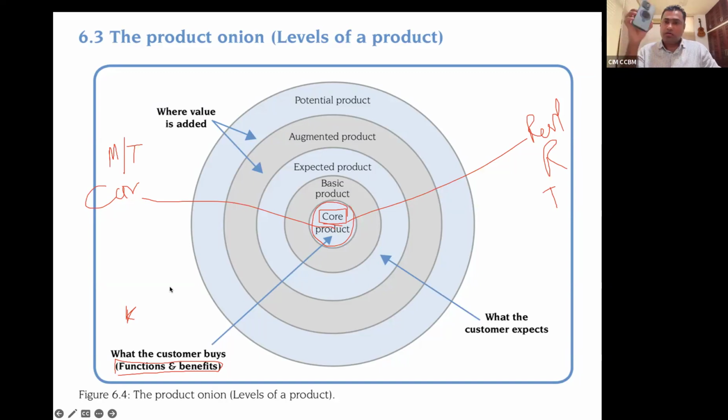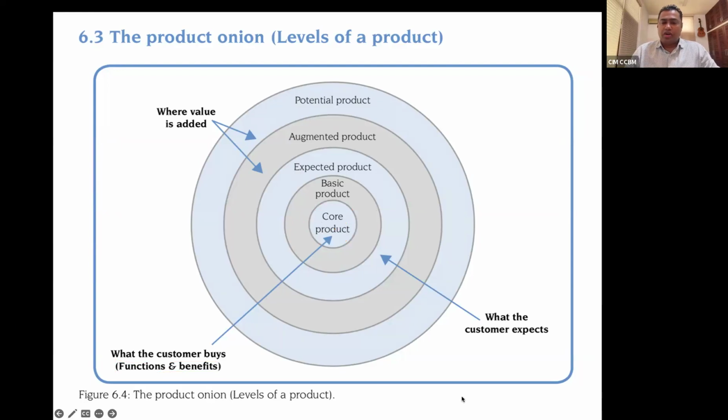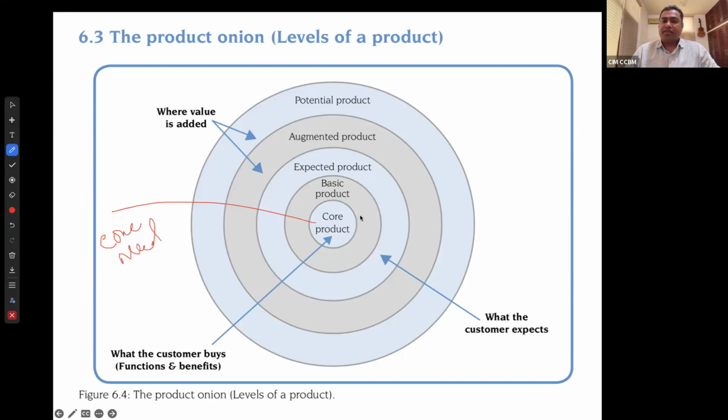If I buy a phone, Apple or Samsung, the core need being satisfied is connectivity, the ability to speak to someone. That is the core need. Now, marketers take this core need, we call it the core product, and we package it with some features, and we have a basic product.